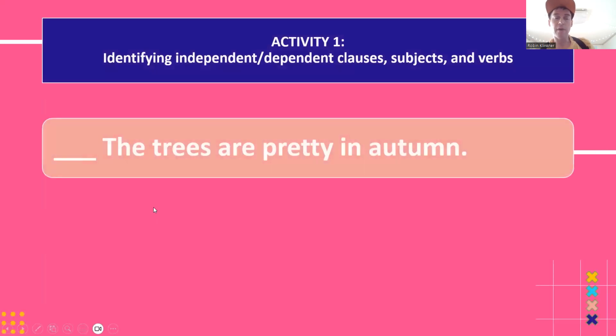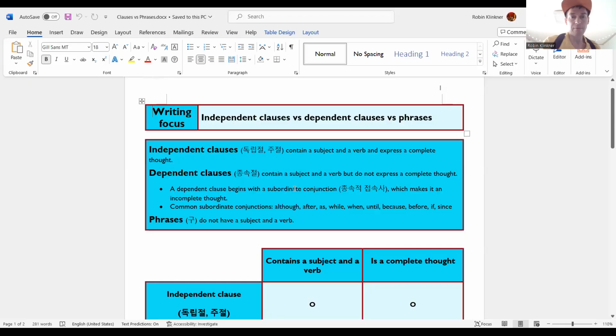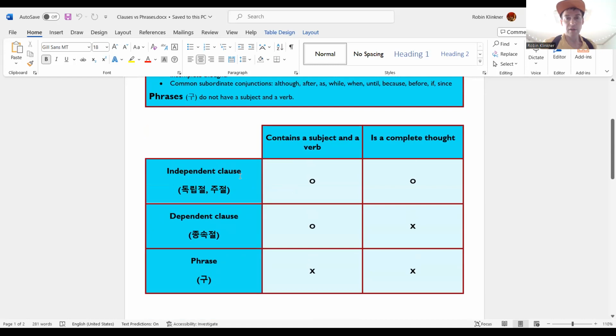So in activity 1, in this handout, let me show you again. So this is the handout. As you can see here, here's a chart. So independent clause, it contains a subject and a verb because it's a clause, and it is a complete thought. A dependent clause has a subject and a verb, but it is not a complete thought.